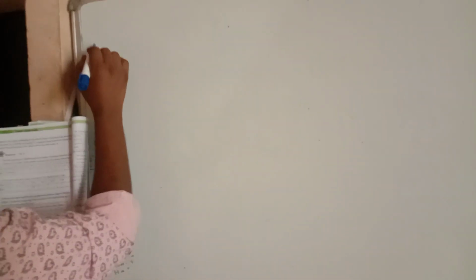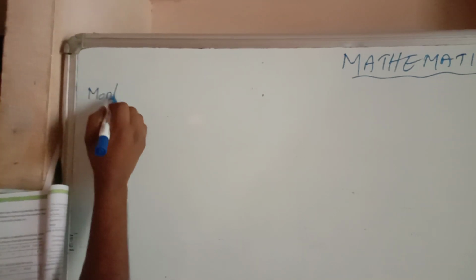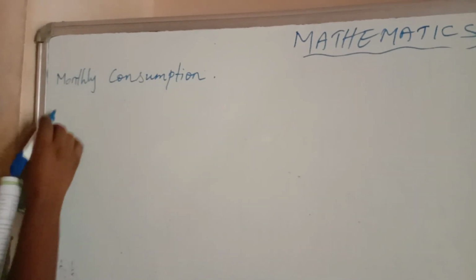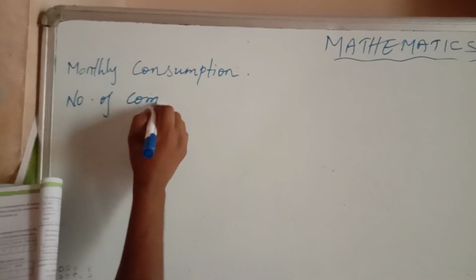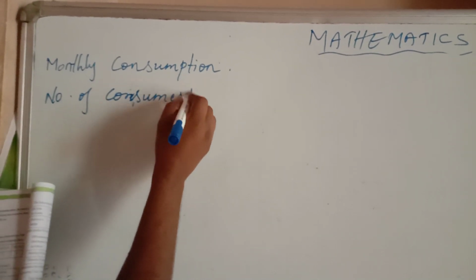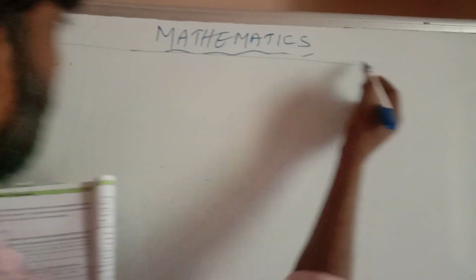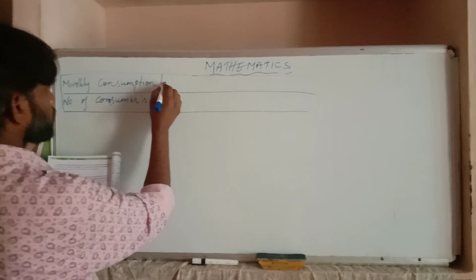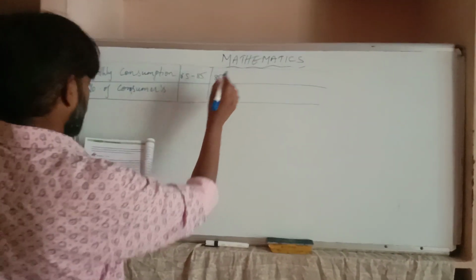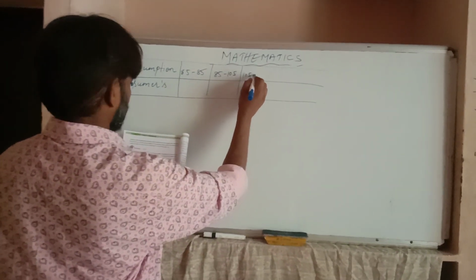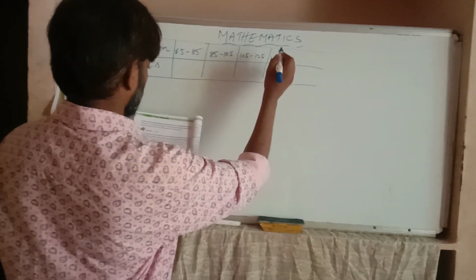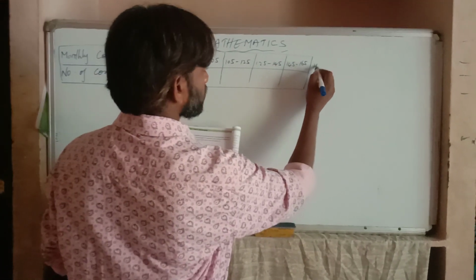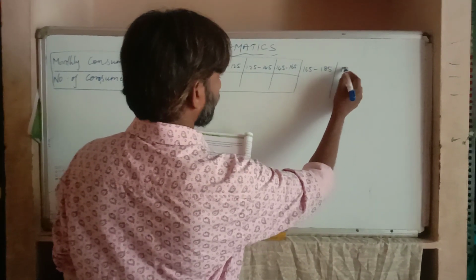So he has given the monthly consumption and number of consumers: 65 to 85, 85 to 105, 105 to 125, 125 to 145, 145 to 165, 165 to 185, 185 to 205.